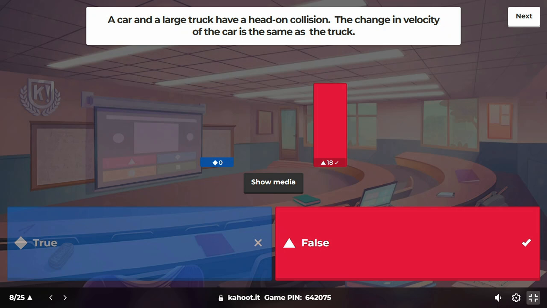So the force that they feel is the same, but because the car has a smaller mass, it's going to have a larger change in velocity compared to the truck. So that's kind of what your intuition might have been telling you already. I know the car should feel something bigger than the truck, but it's not the force it feels that's bigger, it's the change in velocity that it feels that's bigger.